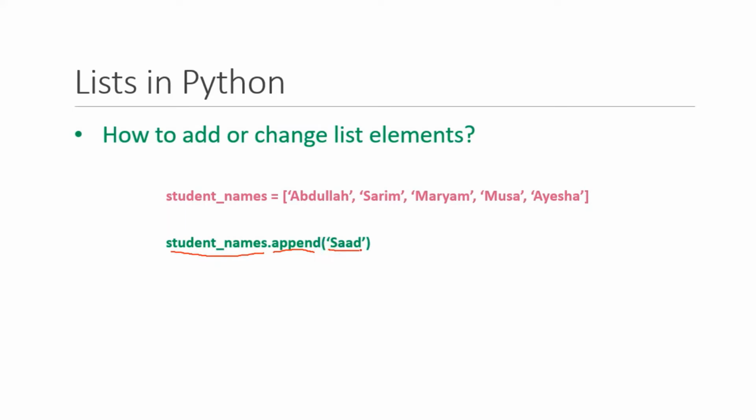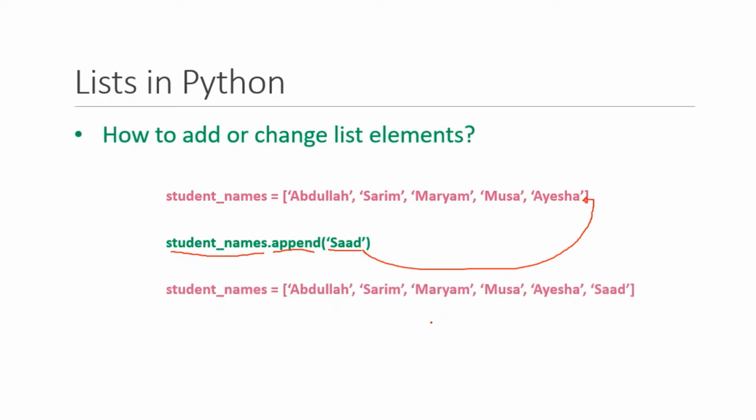Now what this append will do, it will add this Saad to the list and at the end of the list. So this Saad will be added after Aisha and the new list will become like this. Now you can see Abdullah is here and Saad has been added at the end of the list. So this is the way of adding or changing list elements.